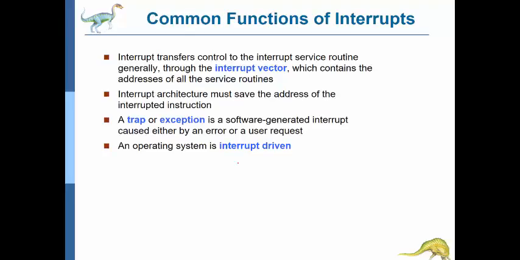Common functions of interrupt. Interrupt transfers control to the interrupt service routine, generally through the interrupt vector, which contains the address of all the device routines, which means the device already has a bit in the program which is hardware-based, and manufacturers developed that.